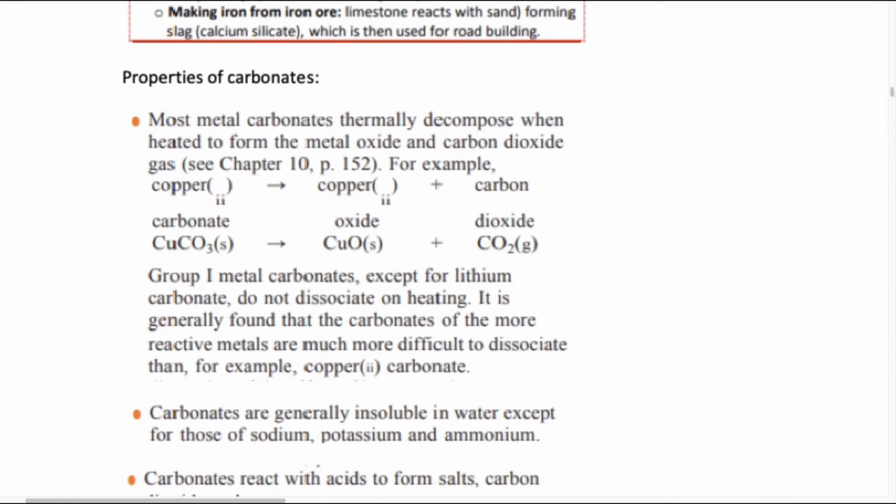The group 1 metal carbonates, except for lithium carbonate, do not dissociate on heating. It is generally found that the carbonates of the more reactive metals are much more difficult to dissociate than copper(II) carbonate. So if the metal here is group 1, they don't dissociate except lithium carbonate.